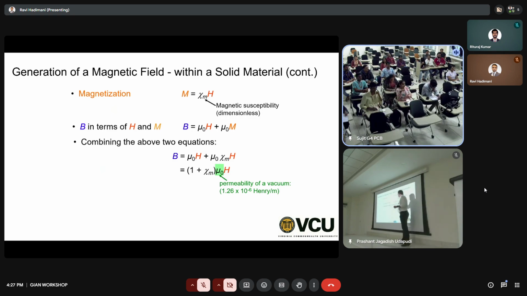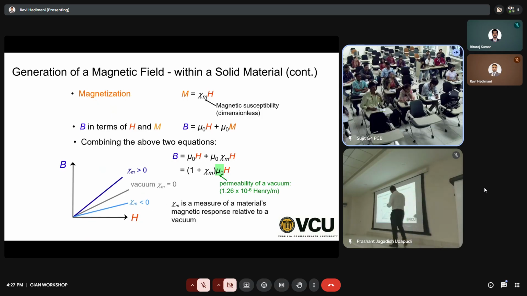Instead of mu naught, you can have chi as another parameter. And the permeability of vacuum, you see it's a very small quantity, and it is in Henry per meter. So all you need to know is that B is the parameter that you need to maximize. H is the field you apply with the current or by another source. And M is an intrinsic property of a material as well.